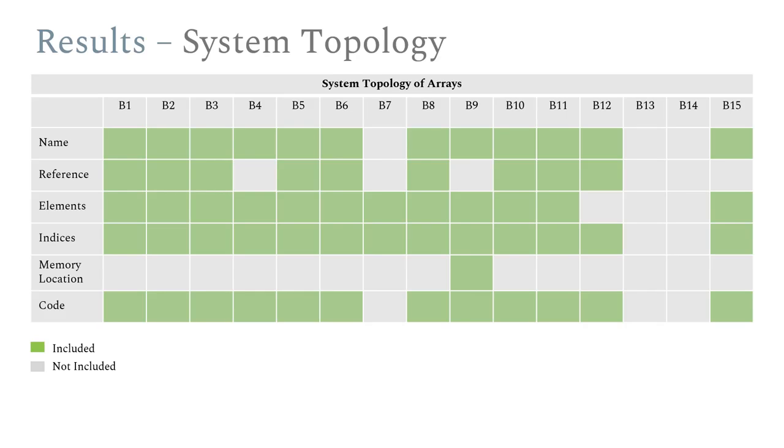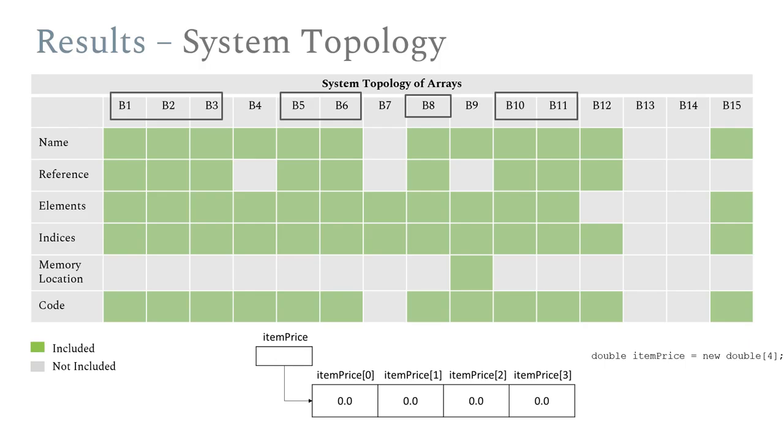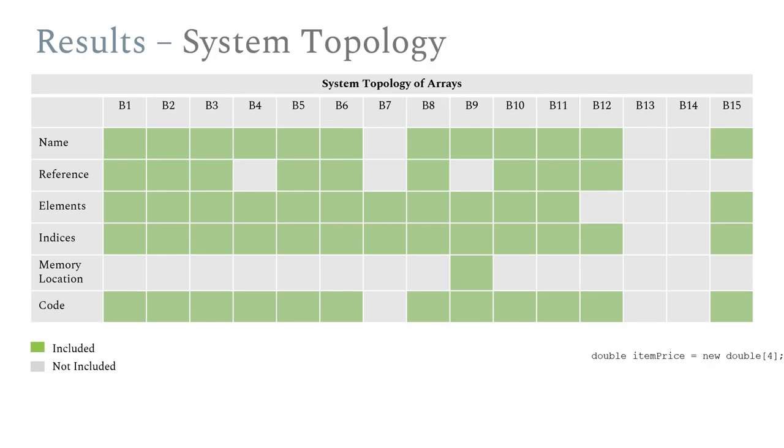Here are the results to answer the question: to what extent do diagrams actually exhibit Mayer and others' features of explanative diagrams, starting with system topology. In our analysis, we found that 8 out of the 15 books portrayed arrays with name, reference, elements, indices, and the corresponding code. Along with all of this, reference was left out by 2 books.